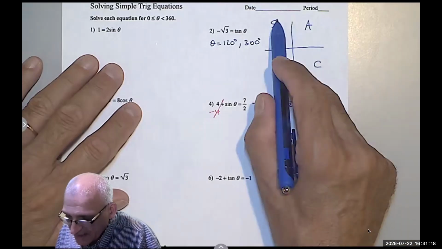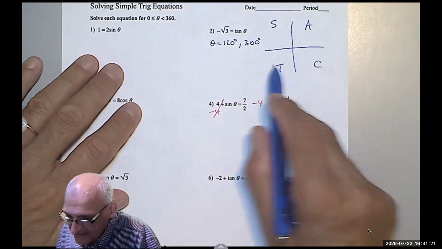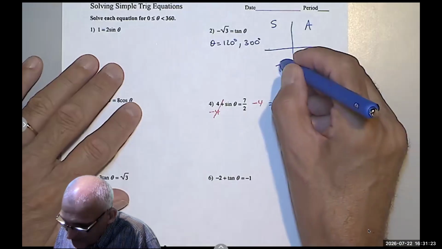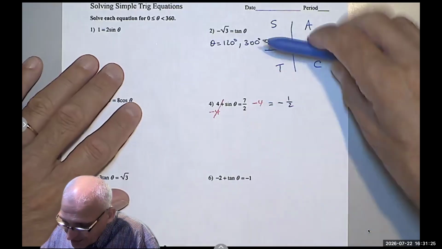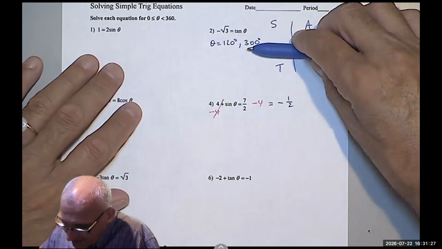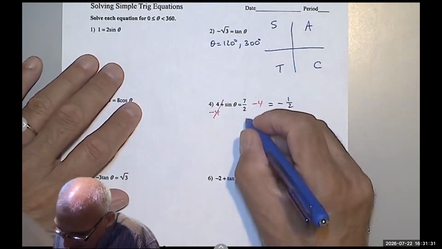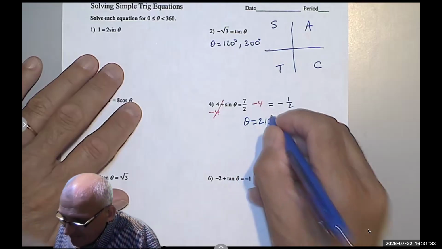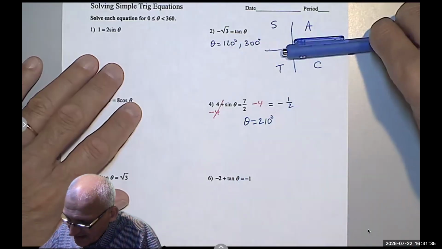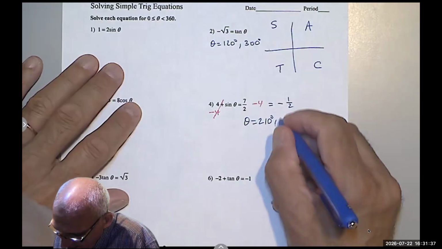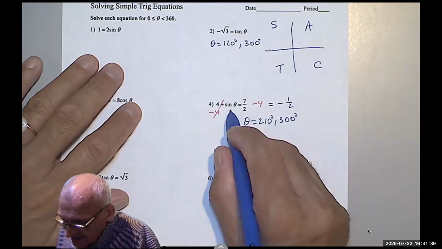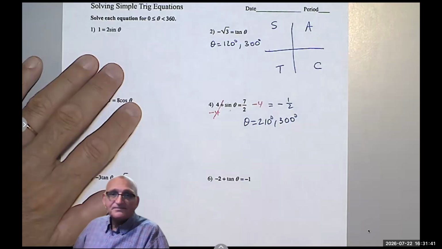Notice, all students take calculus: the sign is positive up, it's negative down. If it's in the third, then it must be 180 plus 30. If it's in the fourth, it's 360 minus 30, because sine 30 is 1/2.